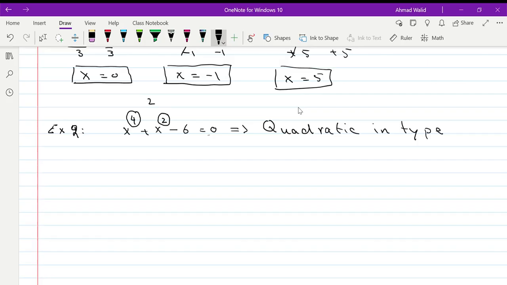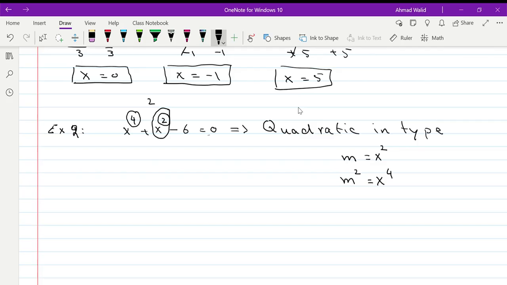Correct? How? For example, choose another variable, name it m. m always becomes your second term. It means if m is x squared, then x to the power of 4 definitely becomes what? m squared, right?